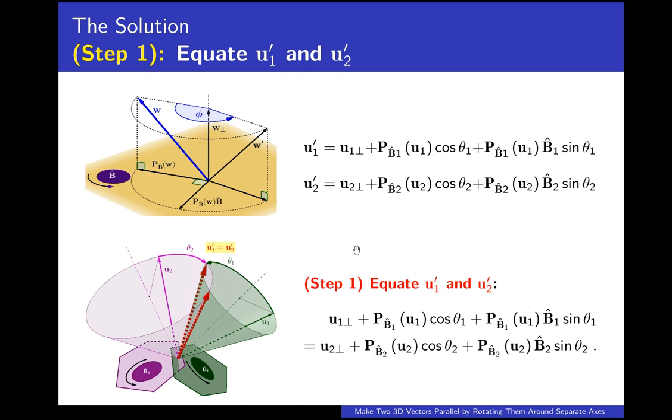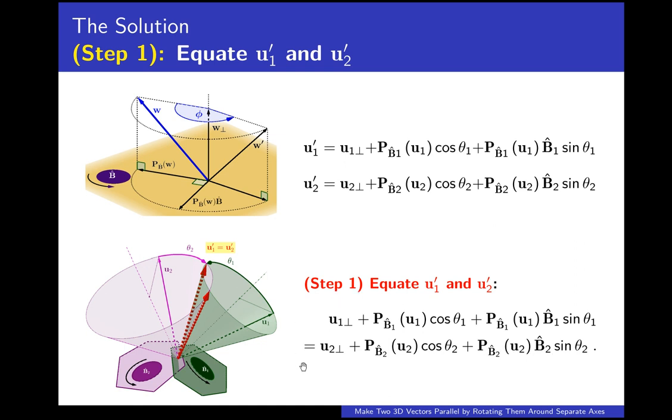Now at first sight that looks like a really dumb idea, because we end up having cosines and sines of both angles in a single equation, and now what on earth can we do? Well, let's recall again that u1 perpendicular and these two things are all perpendicular to each other, and the same goes for u2. u2 perpendicular is perpendicular to these two beasts.